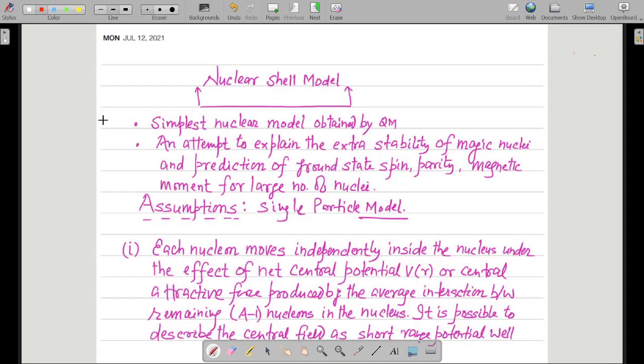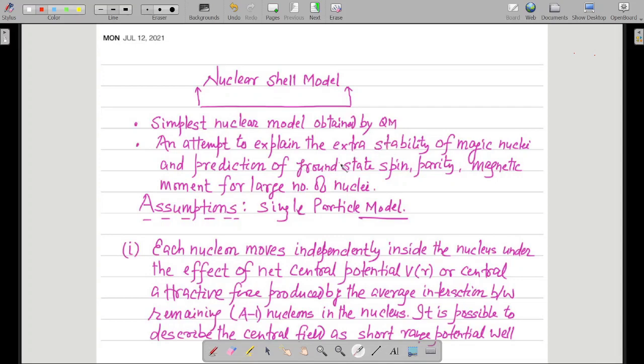Nuclear shell model is the simplest nuclear model which is explained by quantum mechanics. You have already learned this. I have already told you that the nuclear shell model is based on quantum mechanics, and it is an attempt to explain the extra stability of magic nuclei.